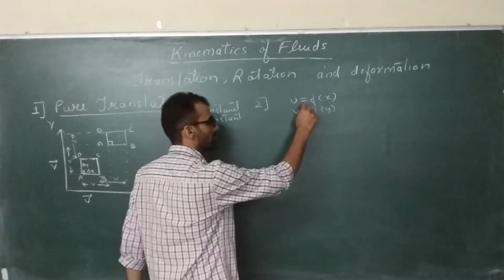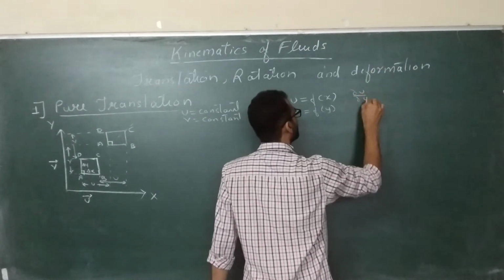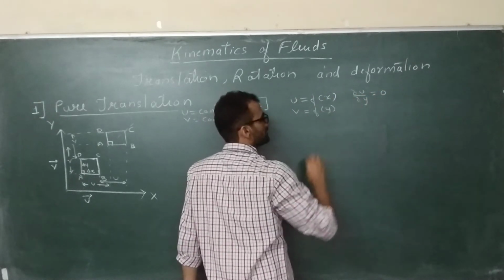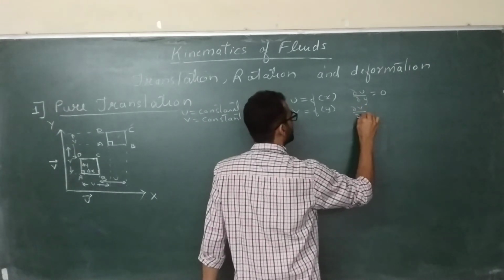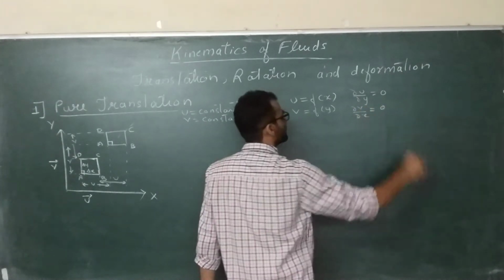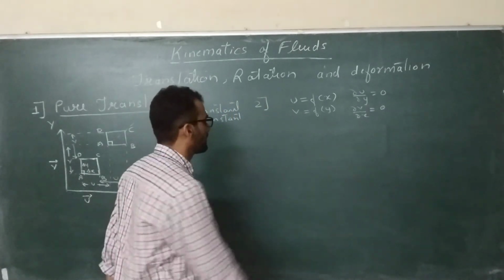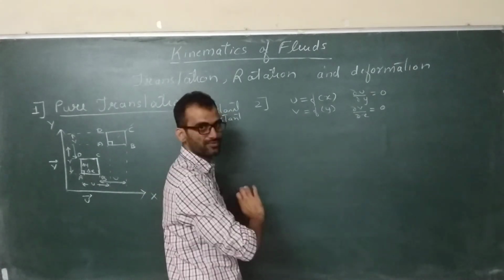Since u is a function of x, it also means that del u by del y will be equal to 0. There will be no rate of change of u with respect to y. And similarly, del v by del x will again be 0. This is the implication. This is a very simple case. Now we are going to see what will happen in this special case. This is a non-uniform flow, but one special type of non-uniform flow.